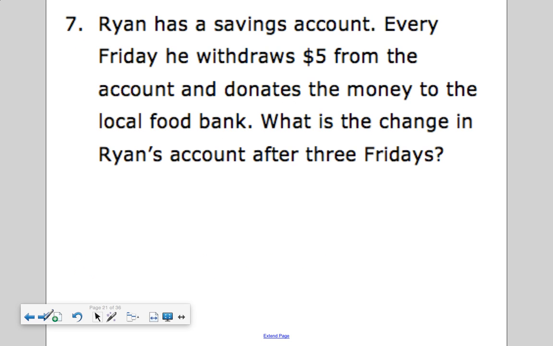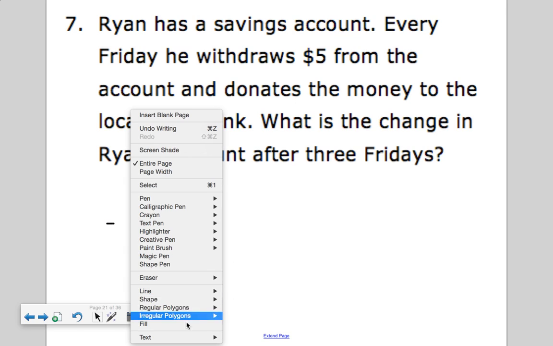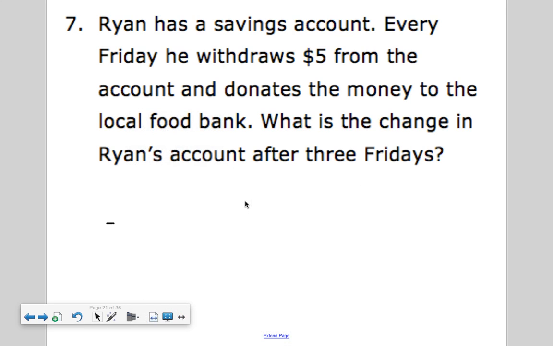Brian has a savings account. Every Friday he withdraws $5 from the account and donates the money to the local food bank. What is the change in Brian's account after 3 Fridays?